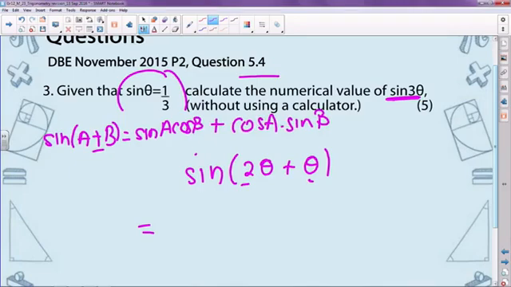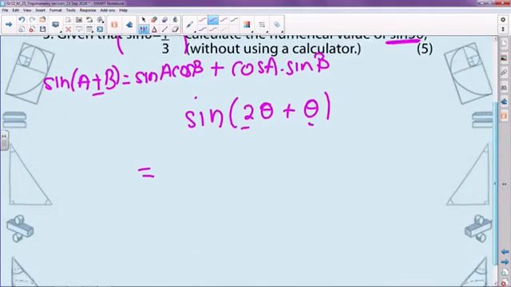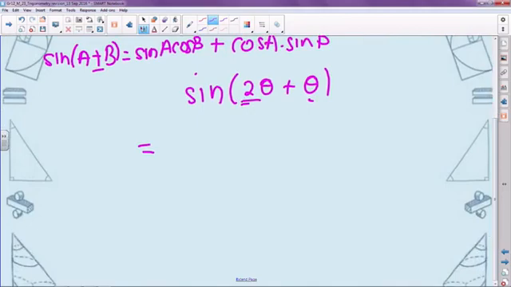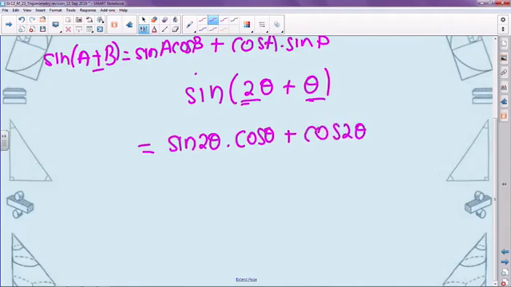Okay, so applying it to the new compound angles, which are 2 theta and theta, I'm going to get the following: sine 2 theta times cos theta plus cos 2 theta times sine theta.